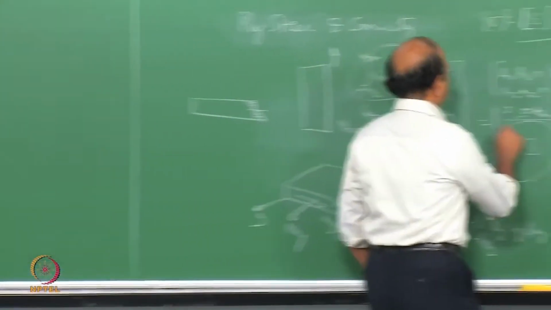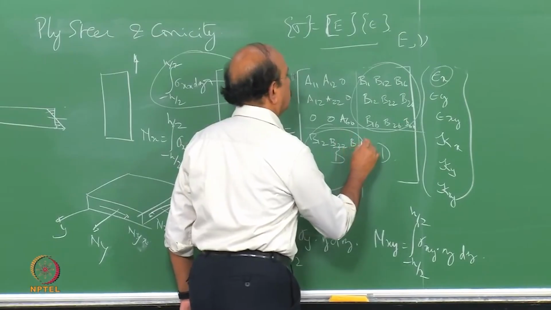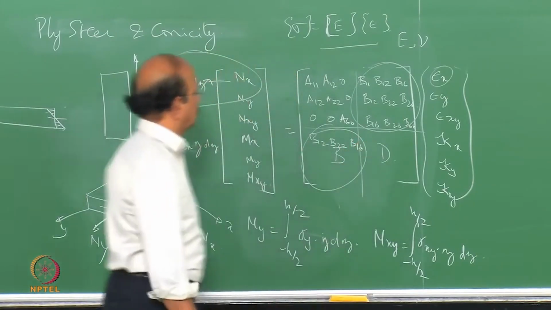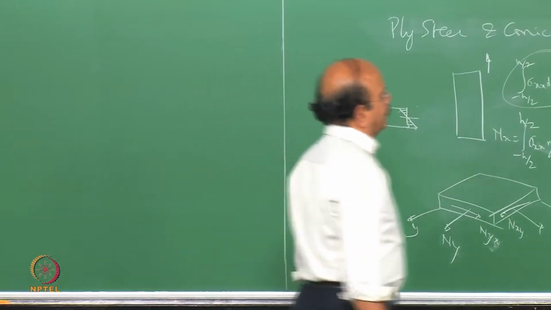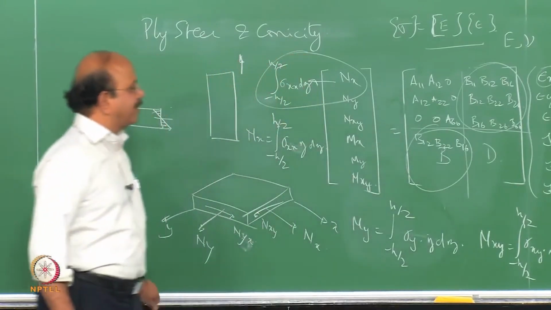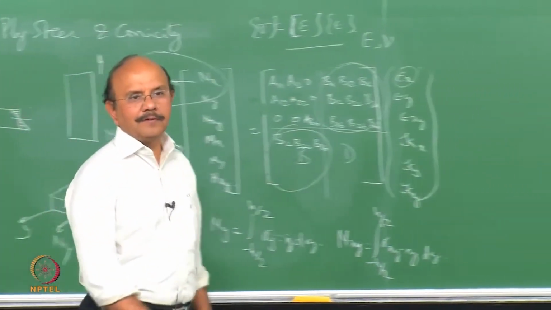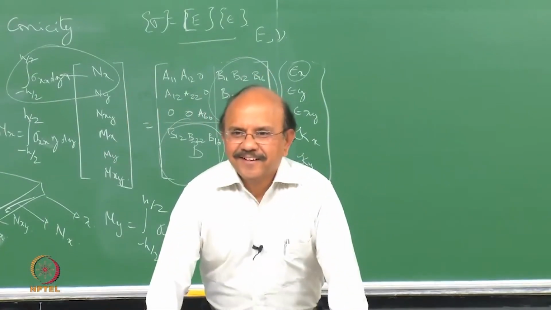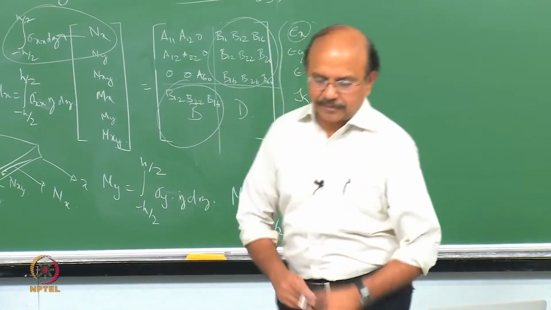So, for example, here I have B12, B22, B16, and so on. What is the picture it gives? What is it that you get from this? I'll give you a minute to understand that.